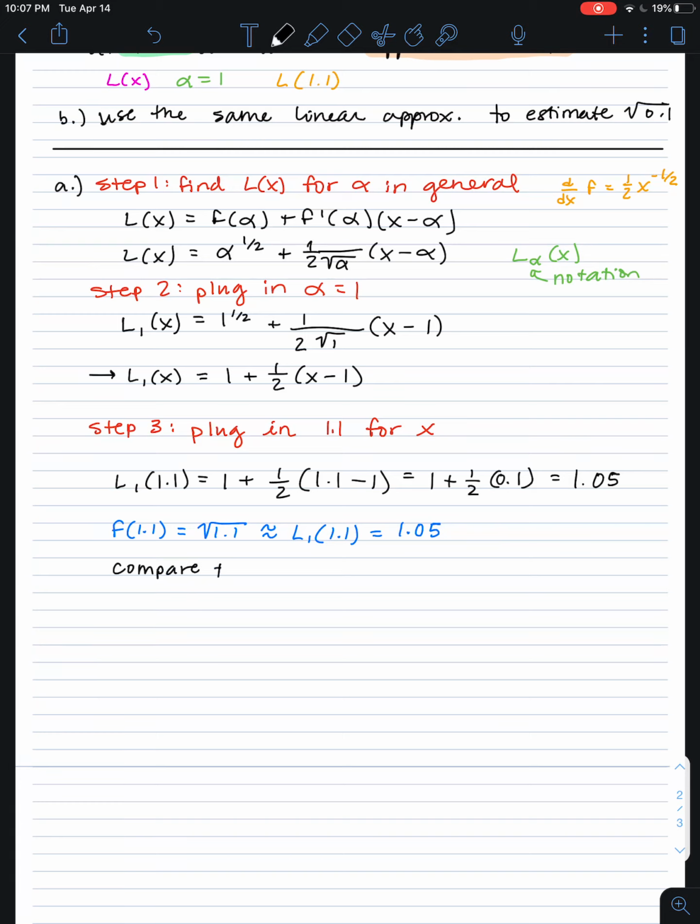And we can compare it to a calculator value, which says that the square root of 1.1 is equal to 1.0488, etc. So our error is approximately 0.0012, which is good.